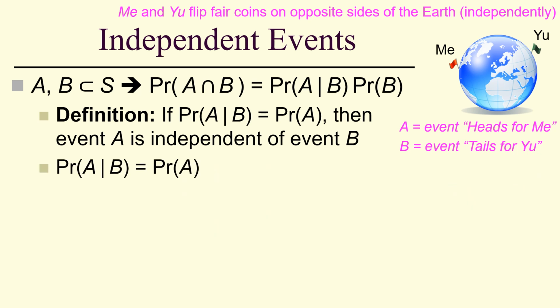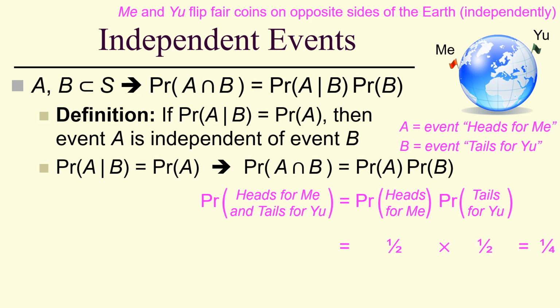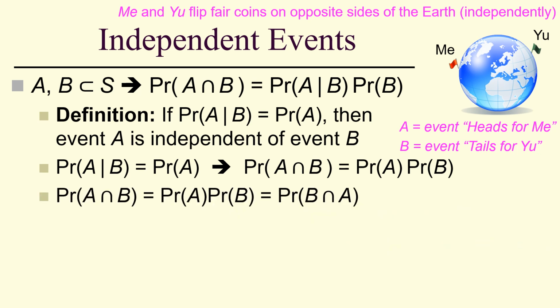The probability of A given B being the probability of A implies that the probability of A intersect B, the joint probability, is the product of the probabilities of A and B respectively. The probability of heads for me and tails for you is the probability of heads for me times the probability of tails for you, 1/2 times 1/2, which is 1/4.